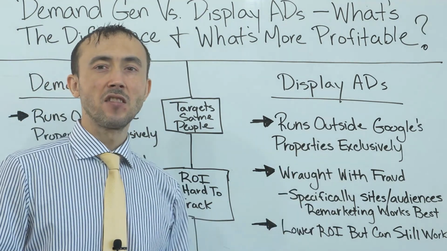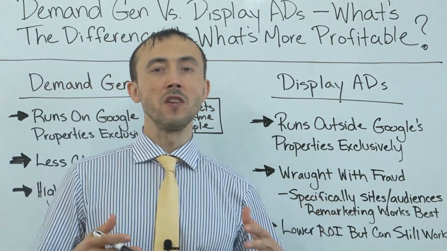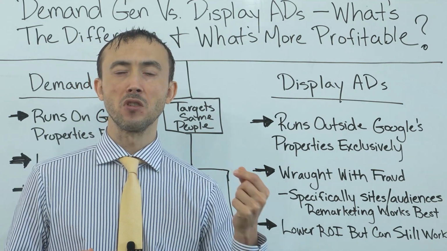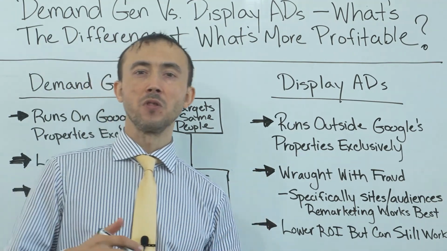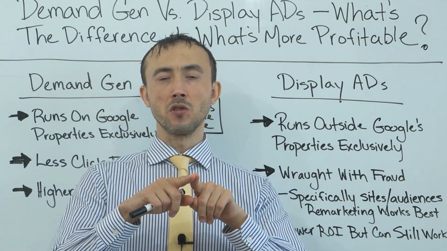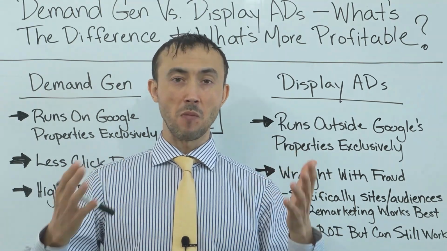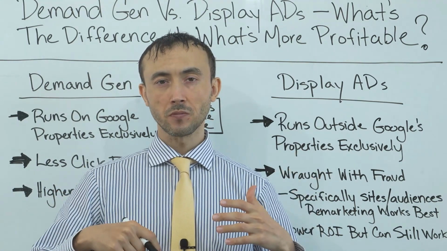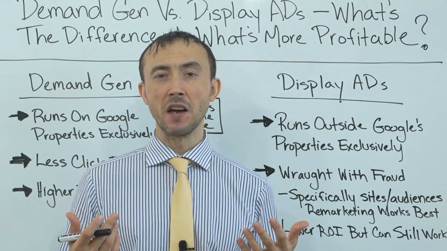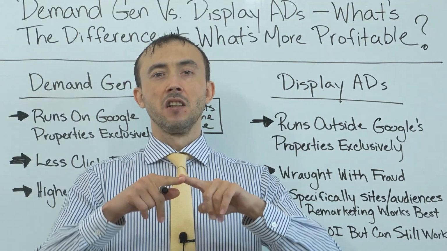The display ads are on basically non-Google properties, but not just that, just mostly, because you can still advertise on YouTube with display ads. Everybody's seen, on videos you're watching on YouTube, the video ads that pop up, like they probably do on this video. Google's going to show them whether I get a cut or not.